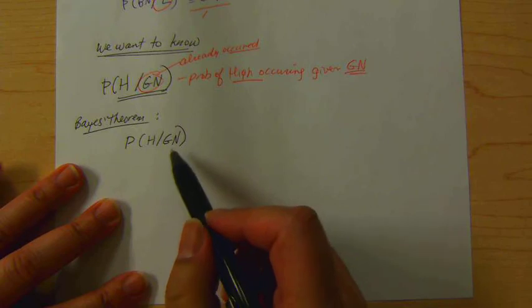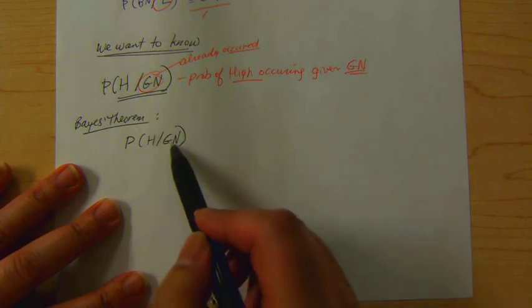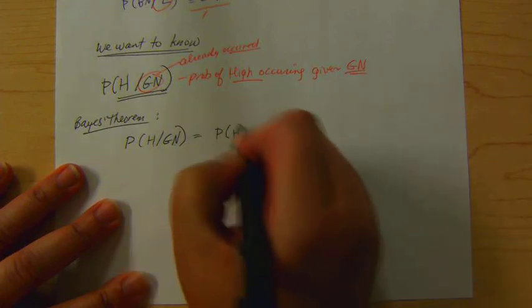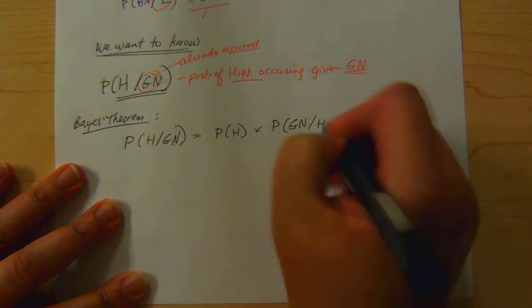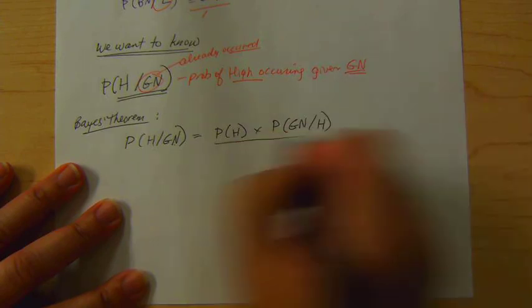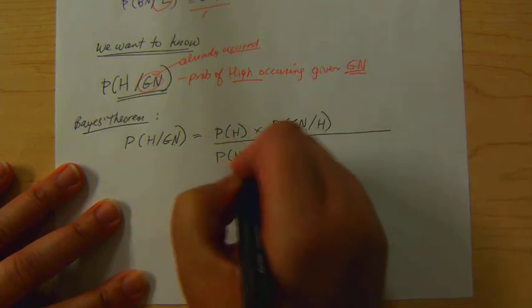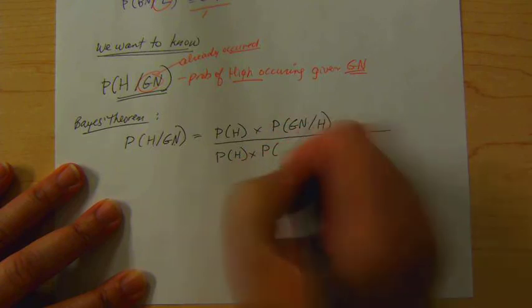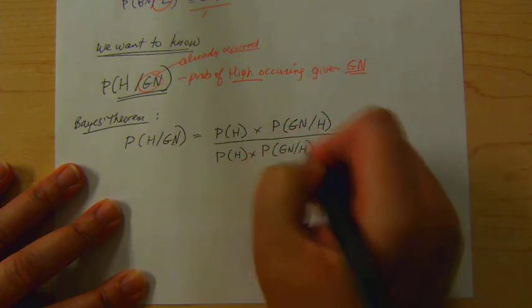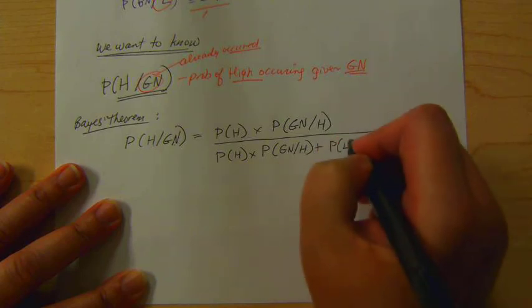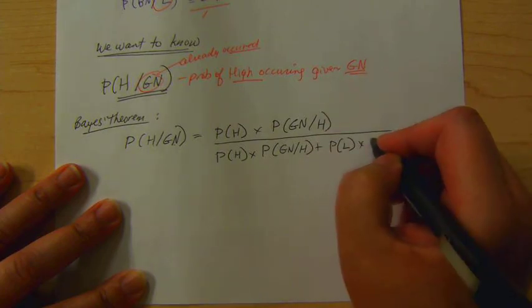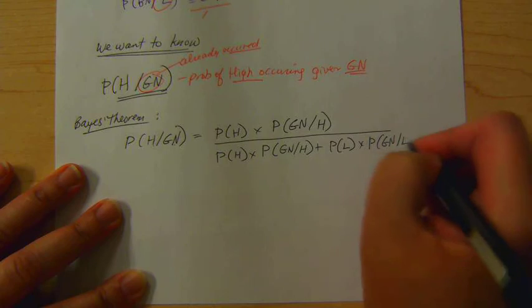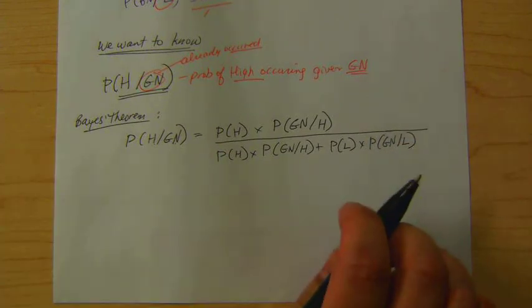Probability of high, given that good news has occurred, is going to be the probability of high times the probability of good news given high, over the probability of high times the probability of good news given high plus the probability of low times the probability of good news given low. So the second ones have occurred.